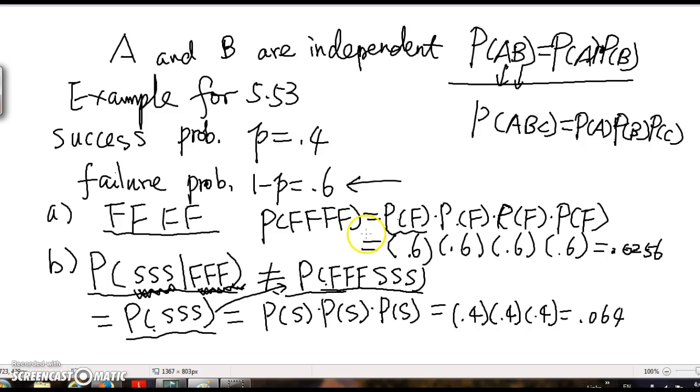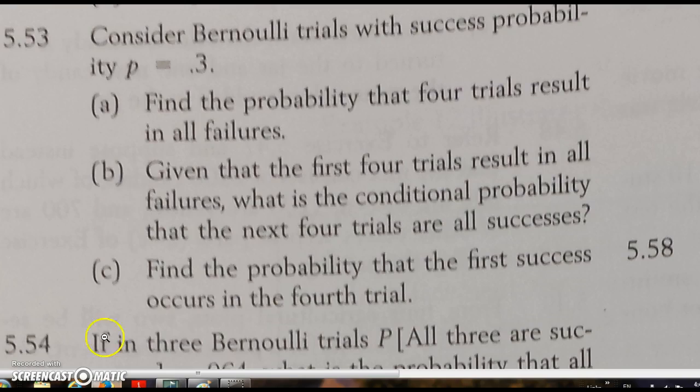Now part C says, find the probability that the first success occurs in the 4th trial. So this question is saying that you did 4 trials, like tossing a coin 4 times or asking 4 people questions, and the first success occurs in the 4th trial, which pretty much means the first 3 were failures.